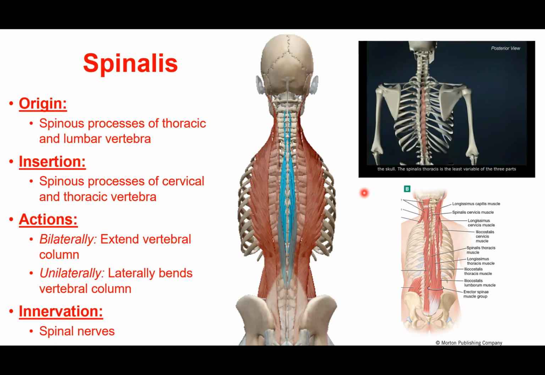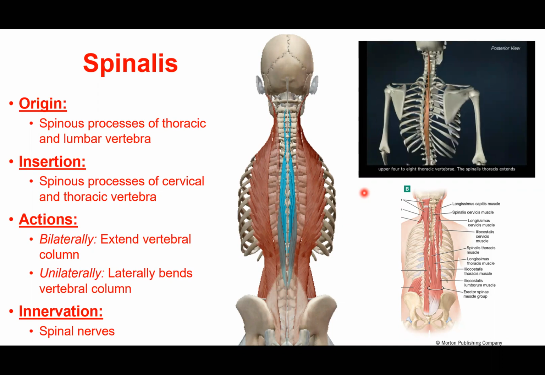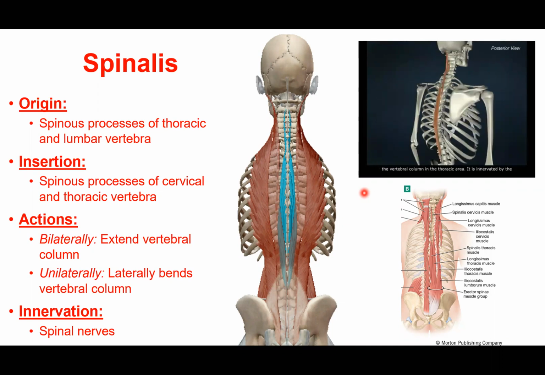The spinalis thoracis is the least variable of the three parts, as well as the least blended with fibers of other muscles. Its origins are from the spinous processes of L2 through T11. The insertions, though somewhat inconstant, are to the spinous processes of the upper 4 to 8 thoracic vertebrae. The spinalis thoracis extends the vertebral column in the thoracic area. It is innervated by the dorsal rami of spinal nerves.